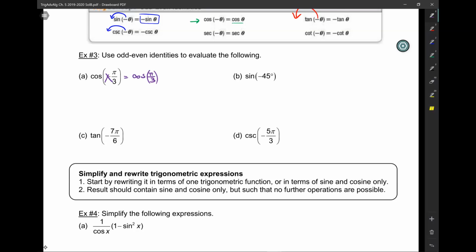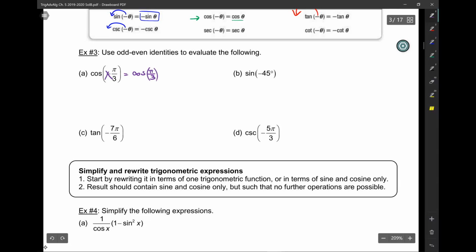Now, to evaluate this, I need to go back to the beginning of chapter 4. Pi over 3 is like my 60-degree angle. So if I have my 60-degree angle, this is root 3 over 2, and this is 1/2. And because cosine is the horizontal side, this is going to be 1/2.